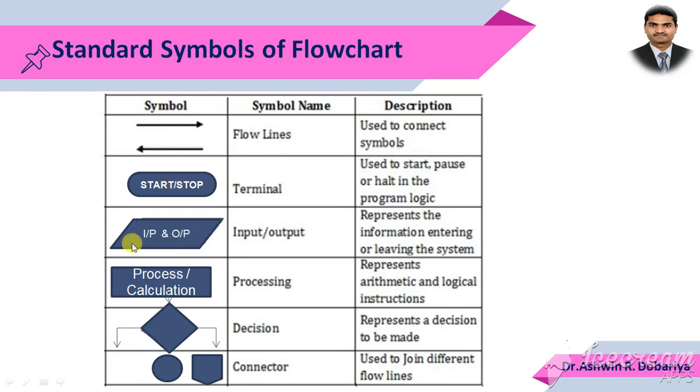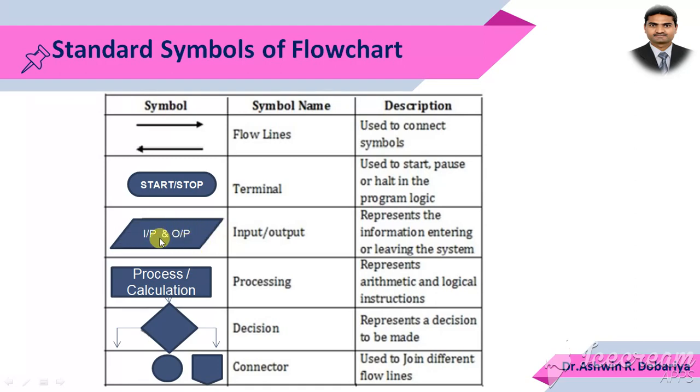Next is the input output symbol, where we can write the input statement. Input statement means whenever you want to give a certain value as input to your program, when we want to input any value to our program, that input statement we can write in this input output symbol.